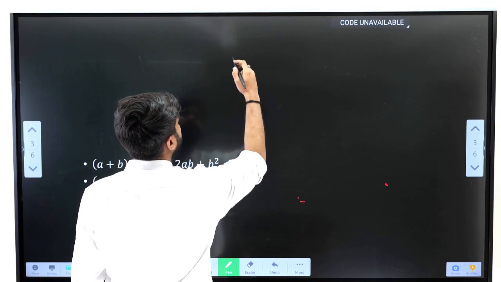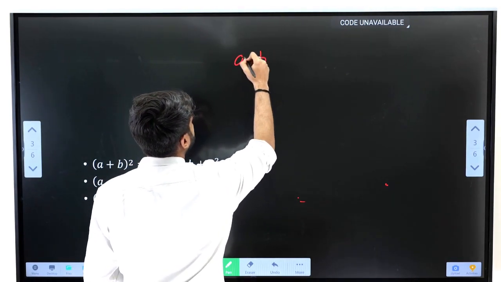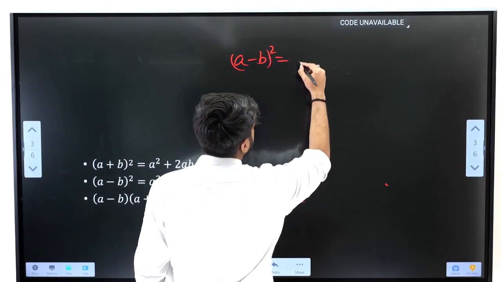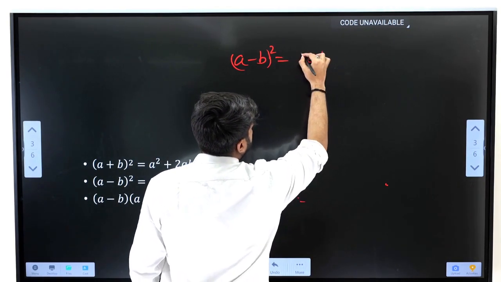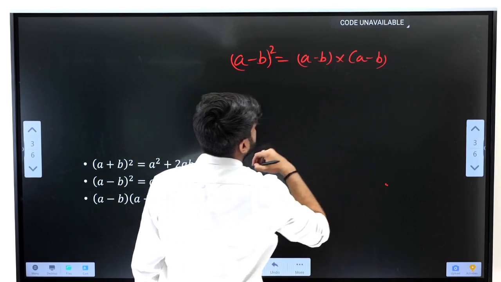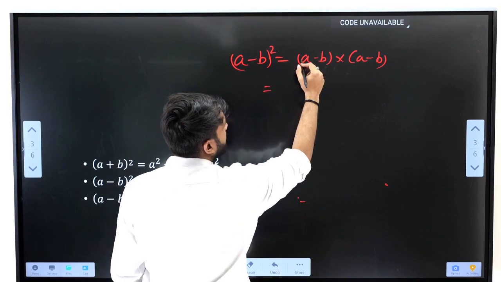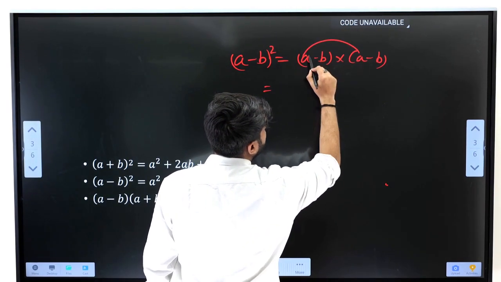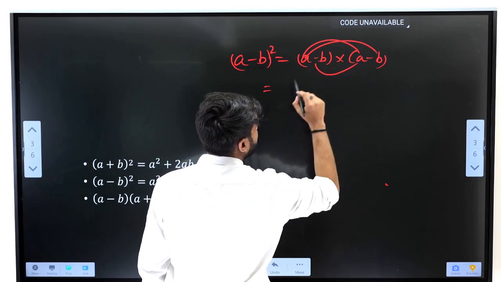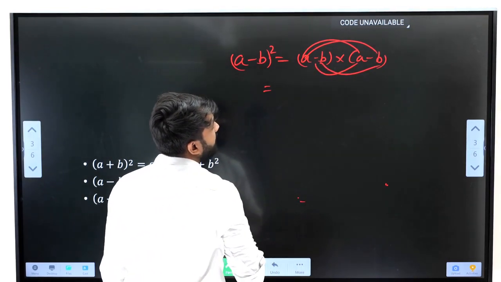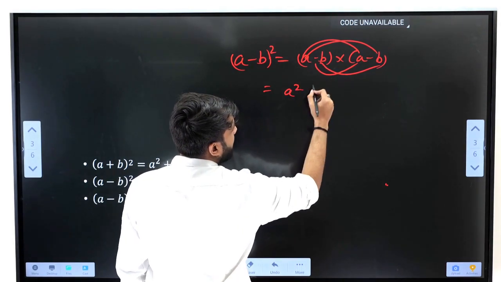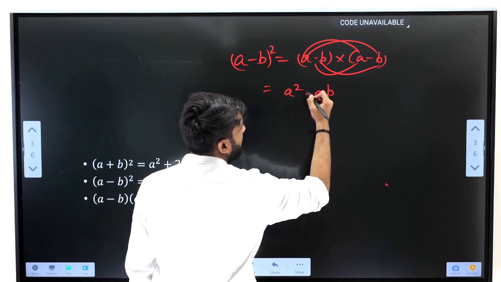Now what if this was (a minus b) the whole square? Again, the square of any number can be thought of as the number getting multiplied by itself. So you can think of this as (a minus b) into (a minus b), which leads you to the further expansion: a firstly gets multiplied with itself, then a gets multiplied with negative b, then negative b gets multiplied with a, and then negative b gets multiplied with negative b. So a into a will give you a square, a into negative b will give you negative ab.